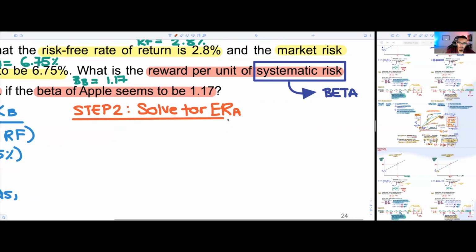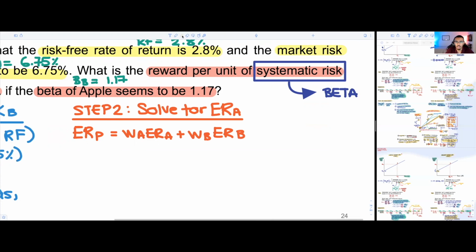Very simple stuff. We know this by now that the return on a portfolio, if it has only 2 stocks, will be simply equal to the weighted average sum. So we're going to have weight of A times the expected return of A plus weight of B times the expected return of B. Now, of course, we're using this framework if and only if CAPM holds.